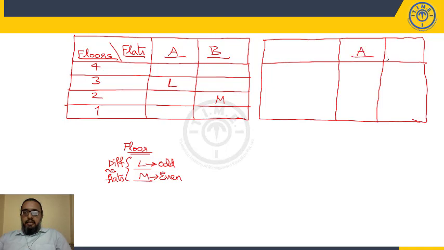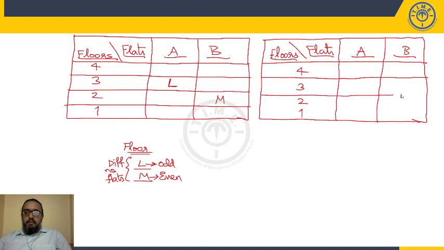So this is flat A and flat B, and we have floors as well as flats. So 4, 3, 2, 1. So now I can have L in third floor flat B, then I will have M in second floor flat A.